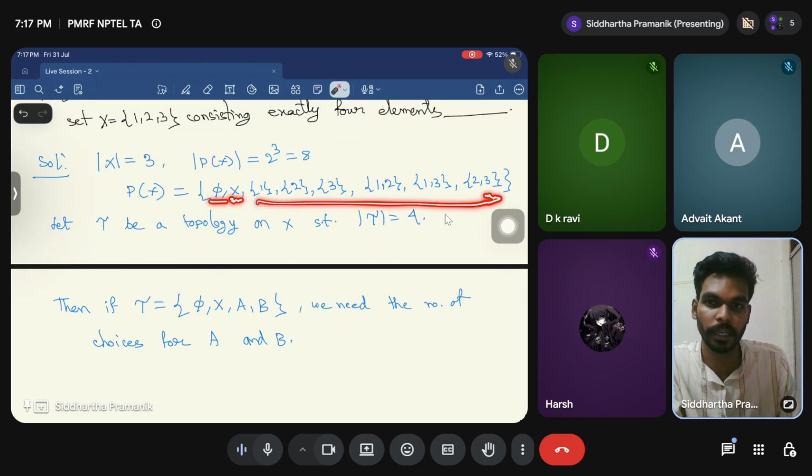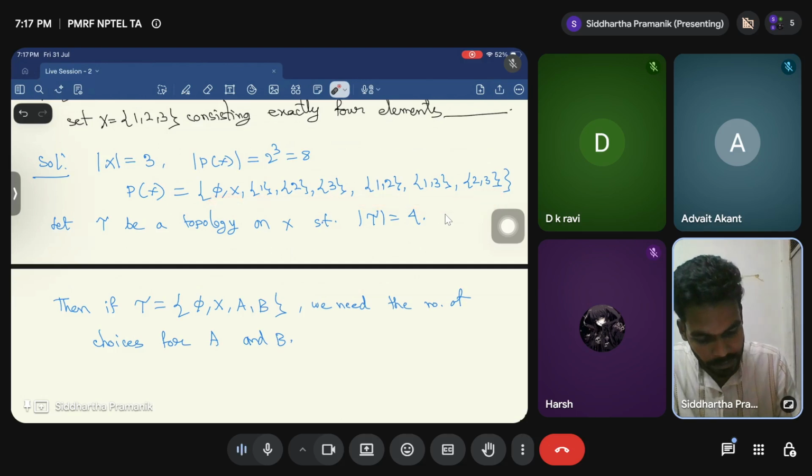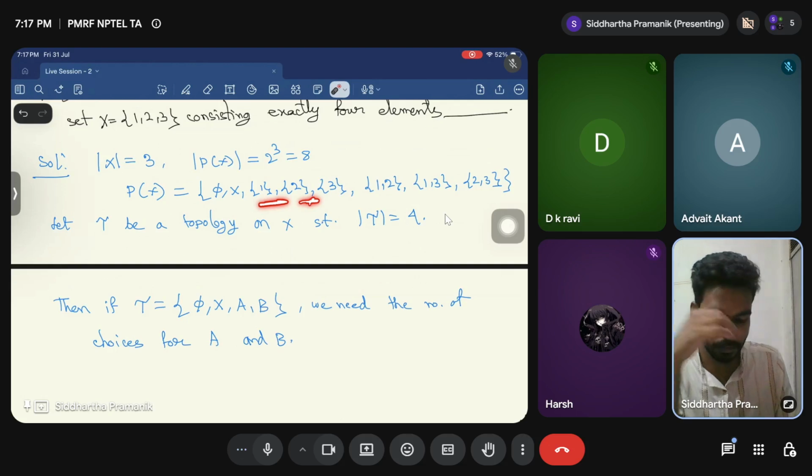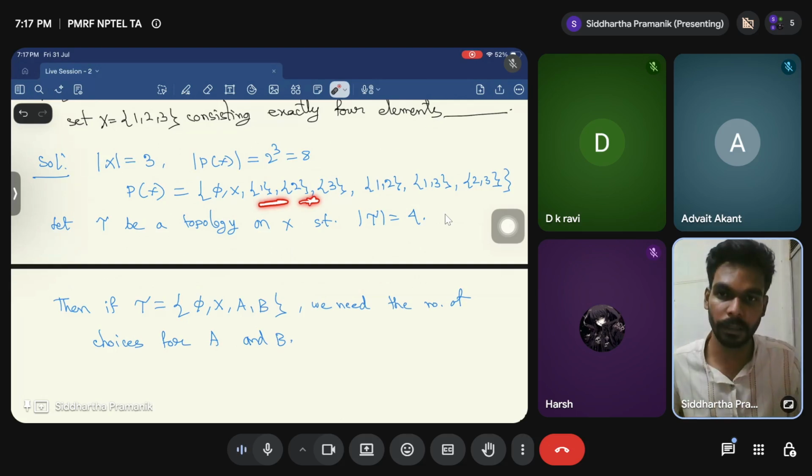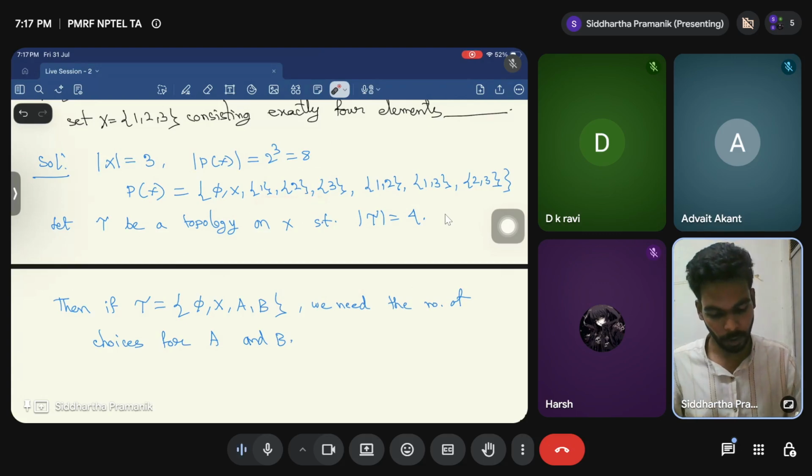Right? So which elements can it be? If A is a singleton set and B is also a singleton set, then their union should also be in the topology, right? But their union cannot be in the topology because we have only 4 elements.